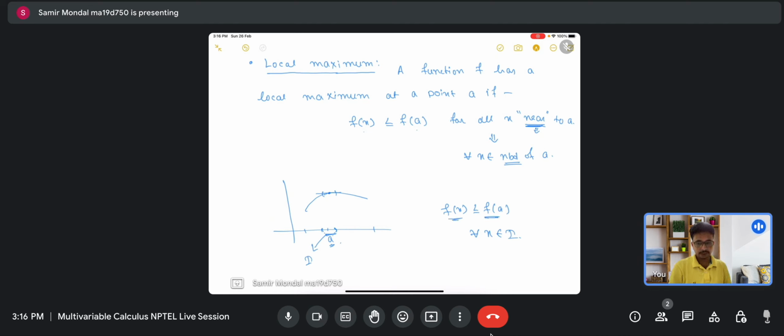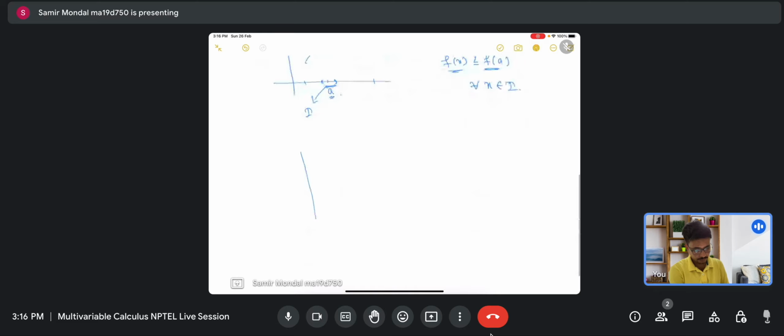So this is the local maxima at the point A. Graphically, suppose this is your point A, and this is f of A. This is the local maxima at point A.